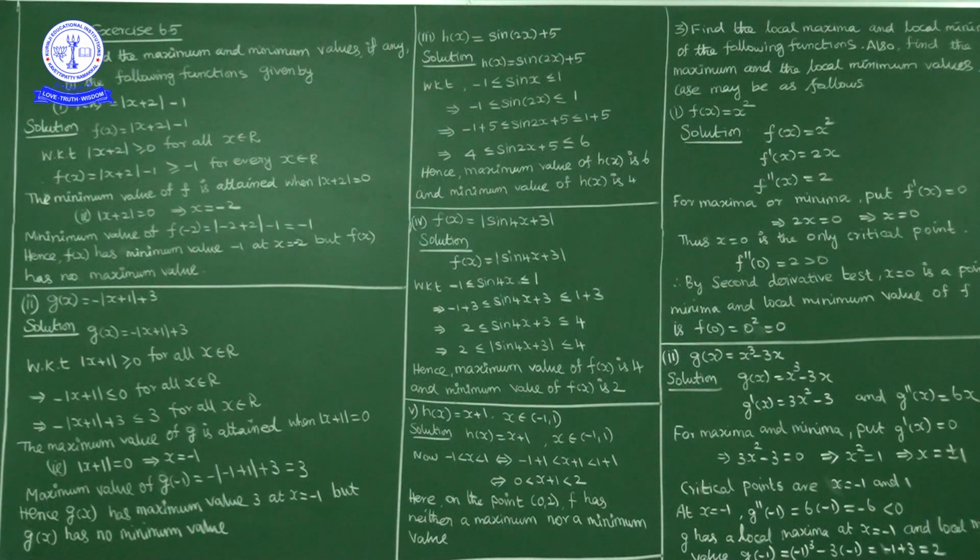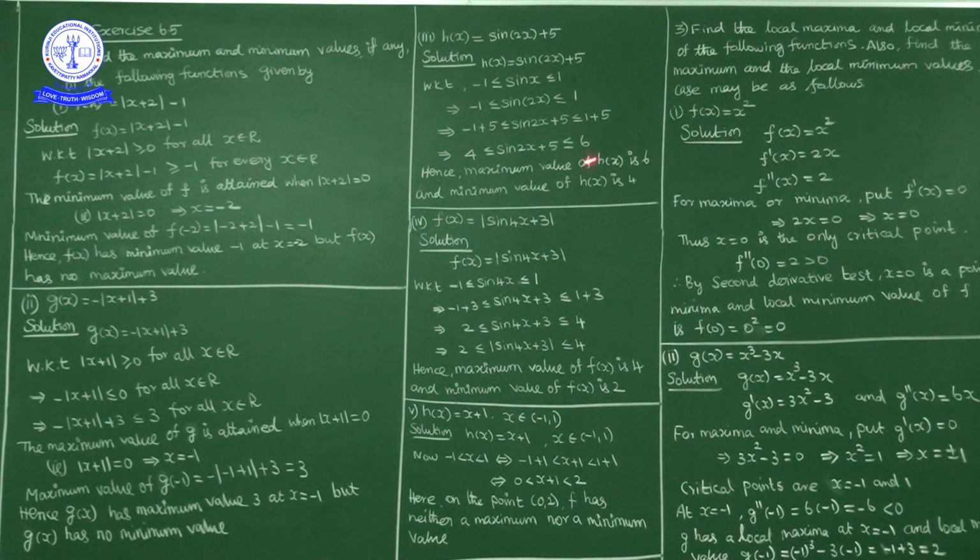Now what is the minimum value of h of x? The minimum value of h of x is 4, and the maximum value of h of x is 6. Here no interval is mentioned, so the minimum value exists at many points, and the maximum value also exists at infinitely many points.